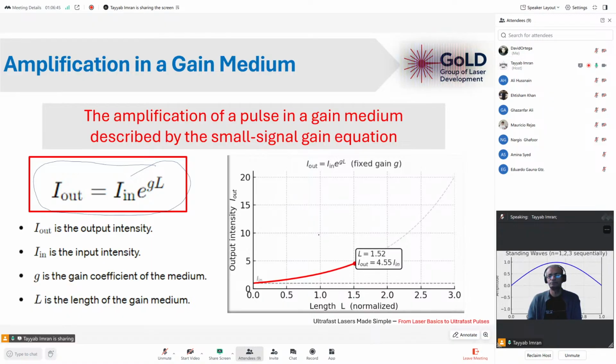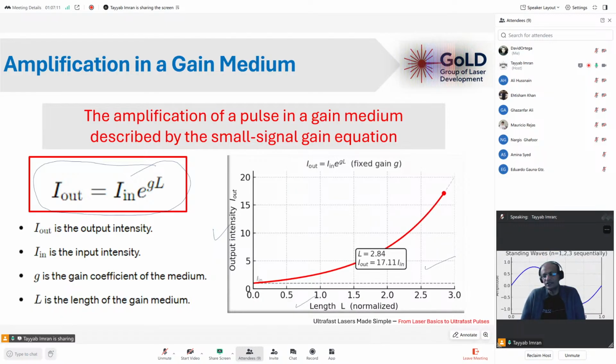On the right side, you can see the plot. This plot is length versus output intensity. As the length increases, the output intensity also increases. But this is a very, very simplified case. Actually, it's not like this.